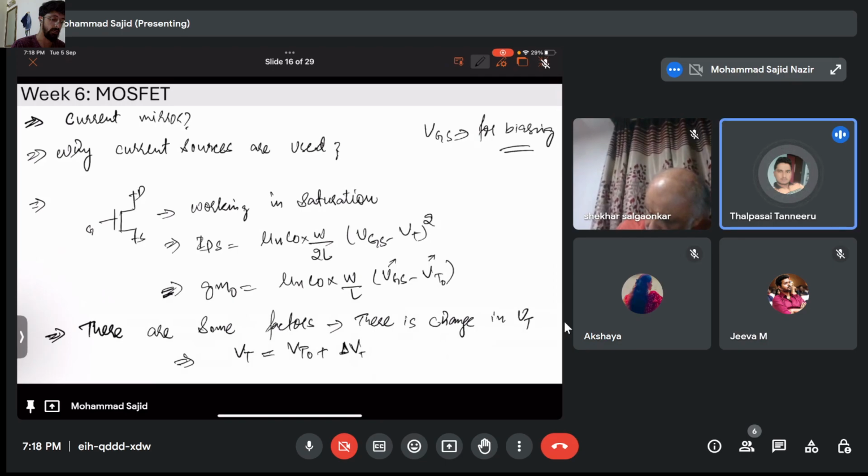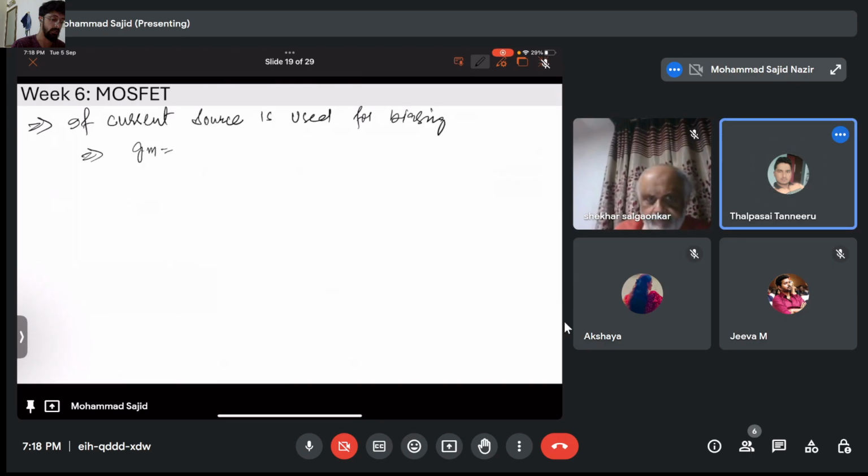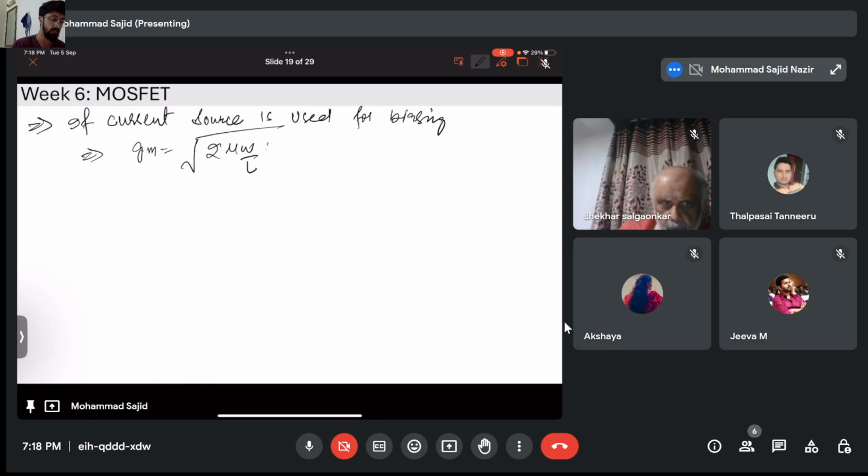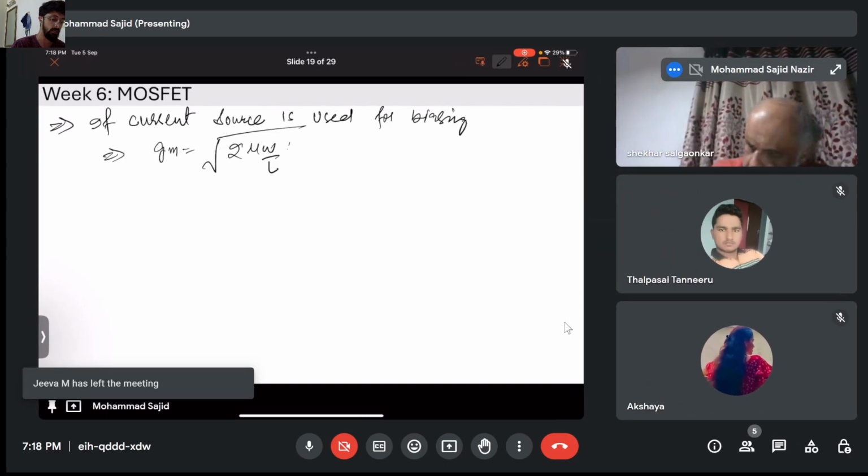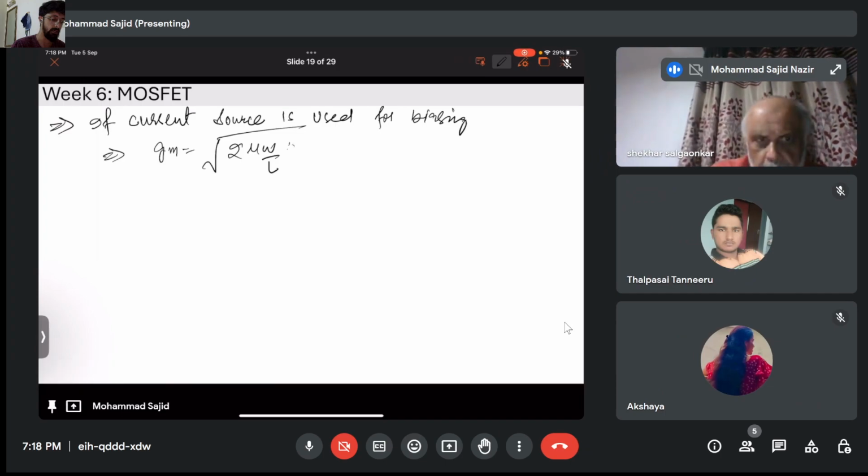It is square root of 2 mu C ox W by L IDS.